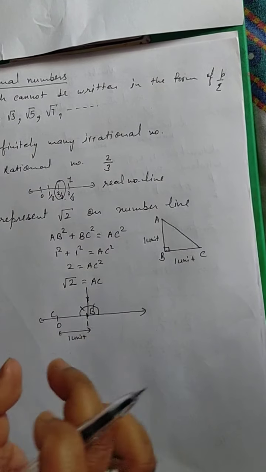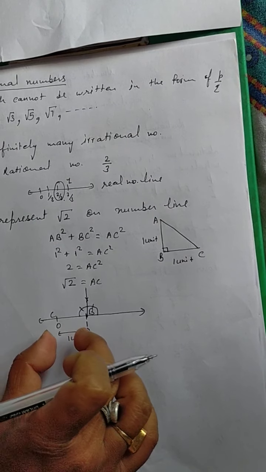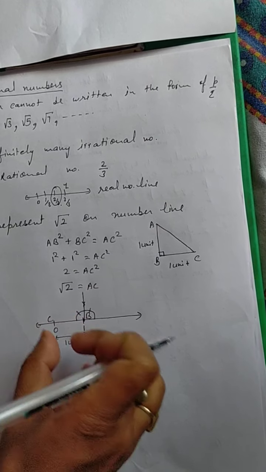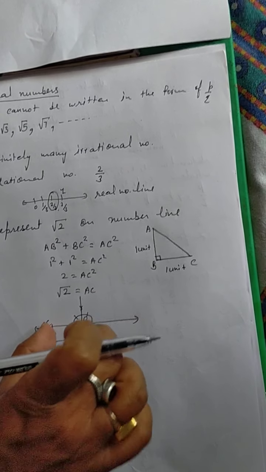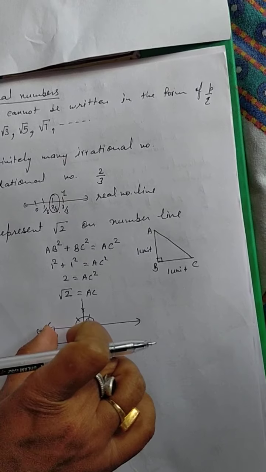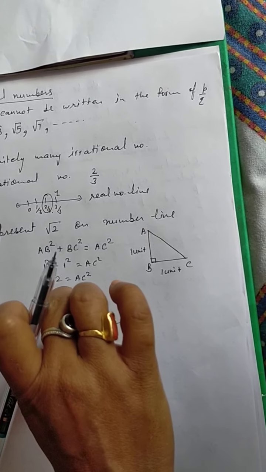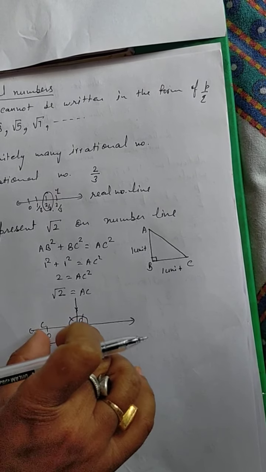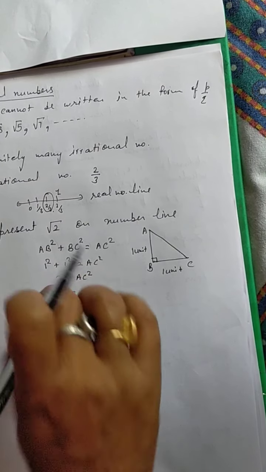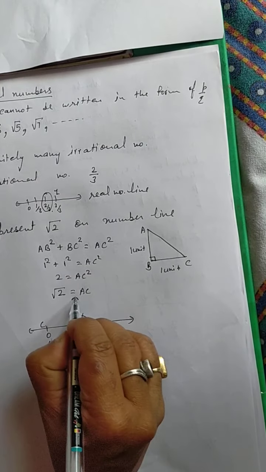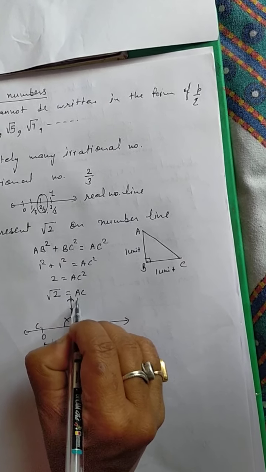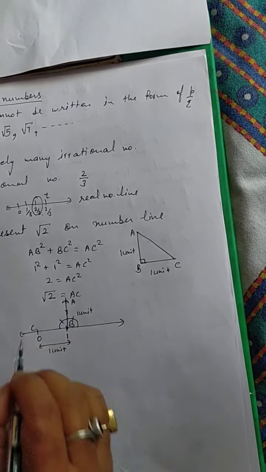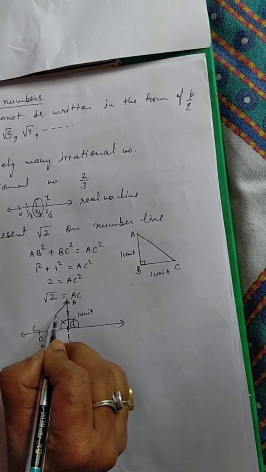Then measure this 1 unit with the help of the compass. You put your compass at C, open it up to B, then put your compass at B and mark an equal arc on this 90 degree angle ray. Then this point is suppose A. Now AB is 1 unit, BC is 1 unit. You join A to C.